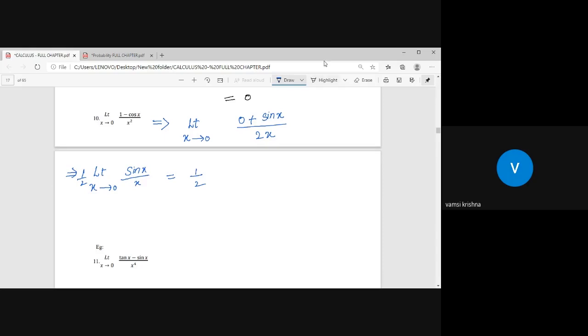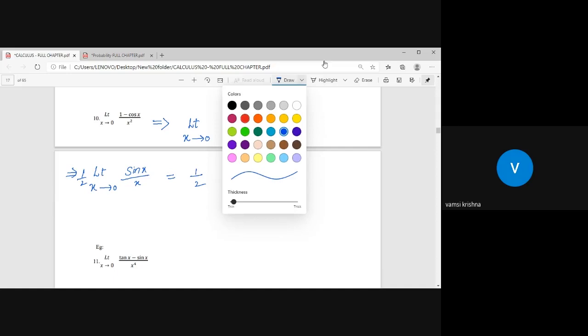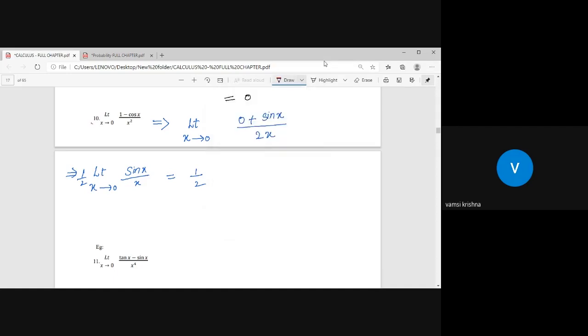From these things, I want to derive some formulas. You need to remember this example question as a formula. From this question, what we can derive is if the given question is in the form of limit x tends to 0, 1 minus cos ax by x square, just like the previous question, then the answer is a square by 2 factorial.